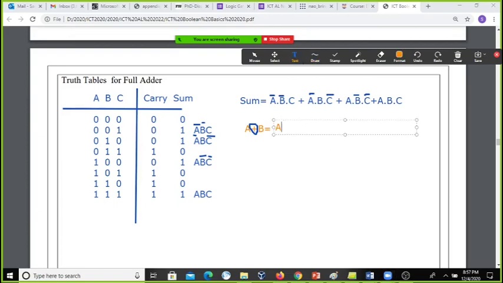Remember, A exclusive B Boolean expression is equal to A B bar plus A bar B. That's a Boolean expression.